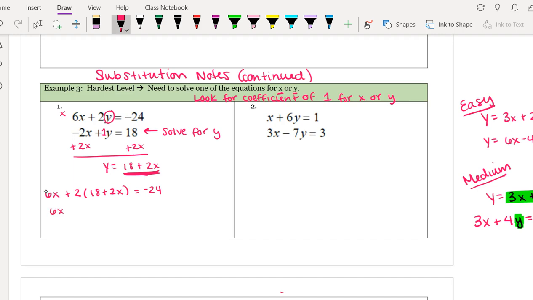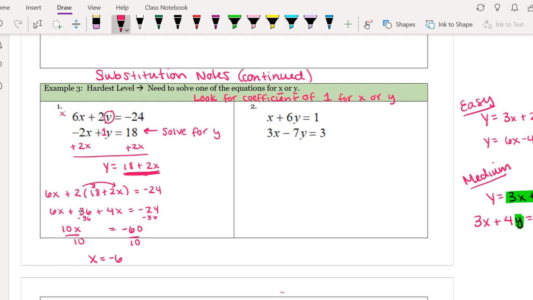So then 6x plus 36 plus 4x, as we distributed, is equal to negative 24. We get 10x, subtract the 36 from both sides, equals negative 60. And when I divide by 10, x equals negative 6.